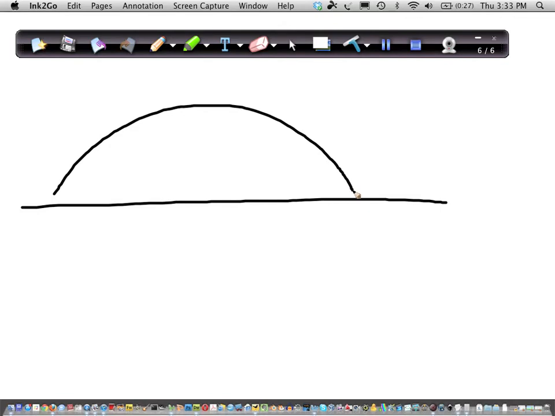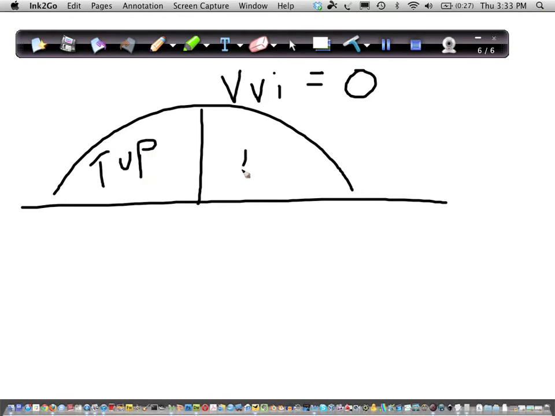At this point up here, VVI equals 0. The time that it takes to go up equals the time that it takes to go down. So if we know how long it's in the air, or we know distance, or we know whatever, we also know that the time it spends going up and the time it spends coming down are equal.